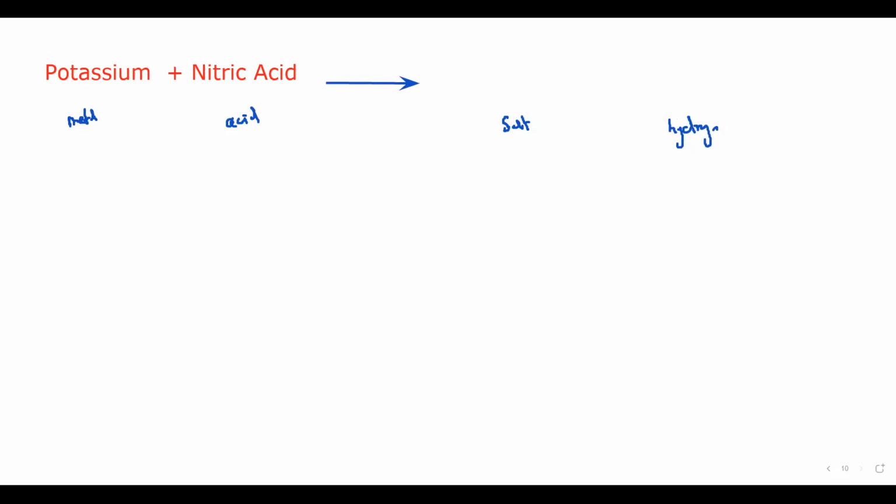Yeah, that's right. The product will be potassium nitrate plus hydrogen. This is the product formed when the potassium metal is reacting with nitric acid.